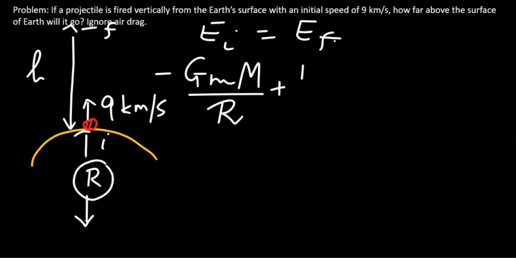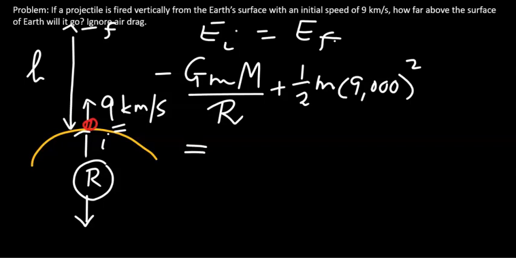And of course the object has a certain amount of kinetic energy given by half times its mass times the speed squared. Now the speed is 9 km per second, so turn that into meters per second, it becomes 9,000 meters per second, and don't forget to square that.